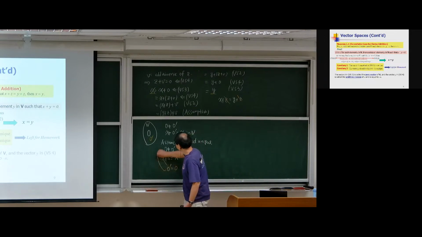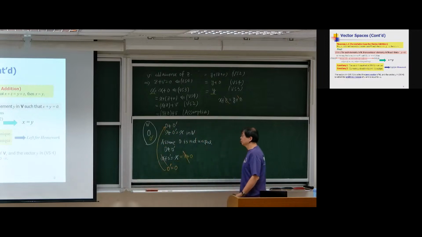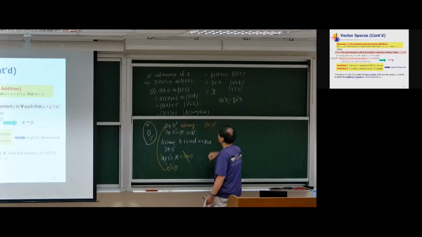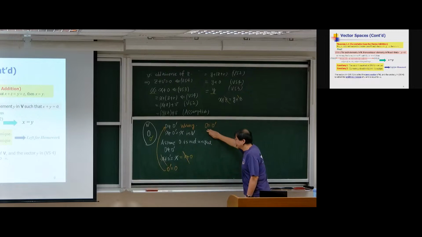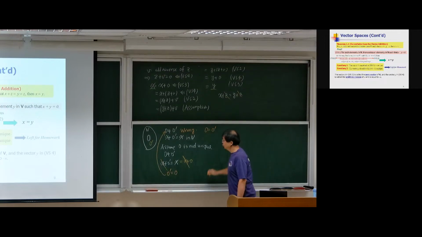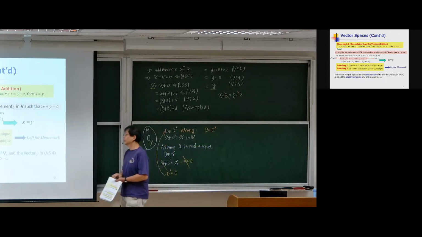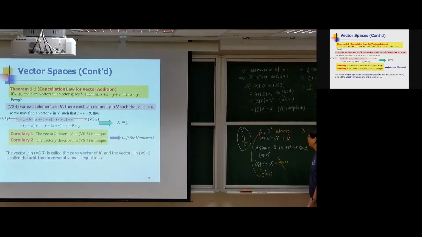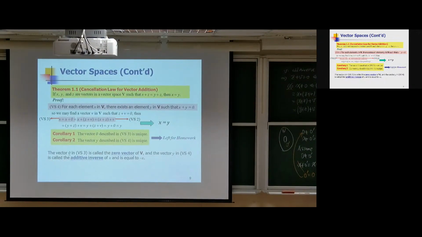This contradicts our original assumption, which means the assumption is wrong. Then 0 must be 0 prime, which means the 0 vector in a vector space is unique. So we proved it using the contradiction approach. Okay, is there any problem in this proof?